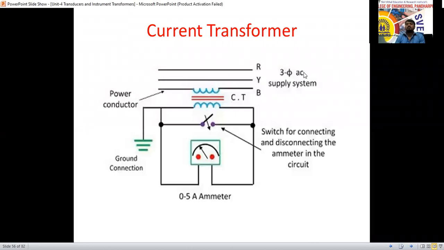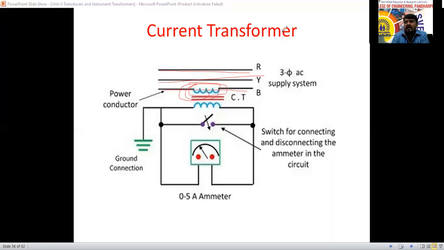So now the current transformer operation. See here, this is the current transformer. The diagram is visible. We are using the RYB three phases here.